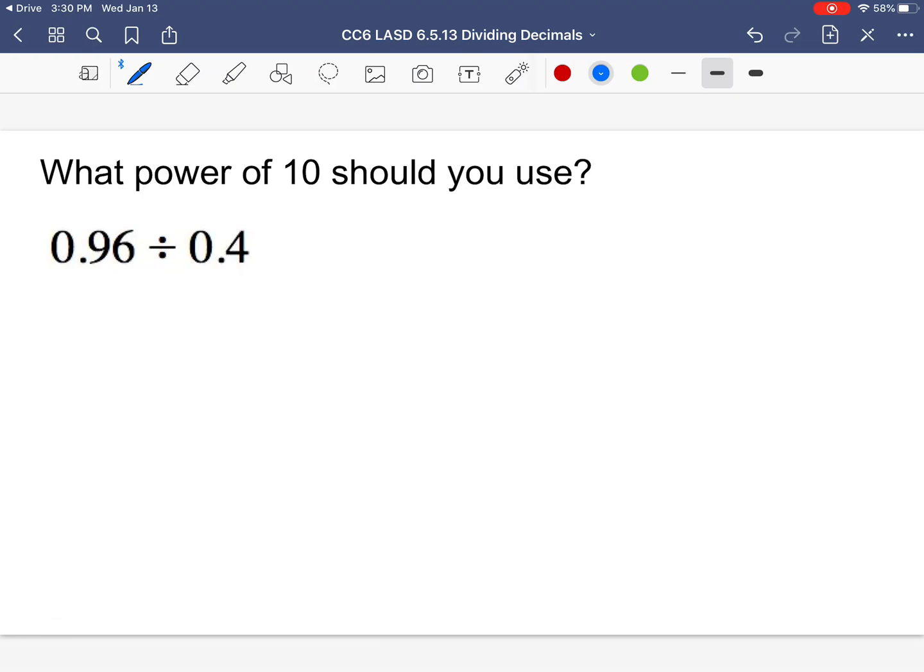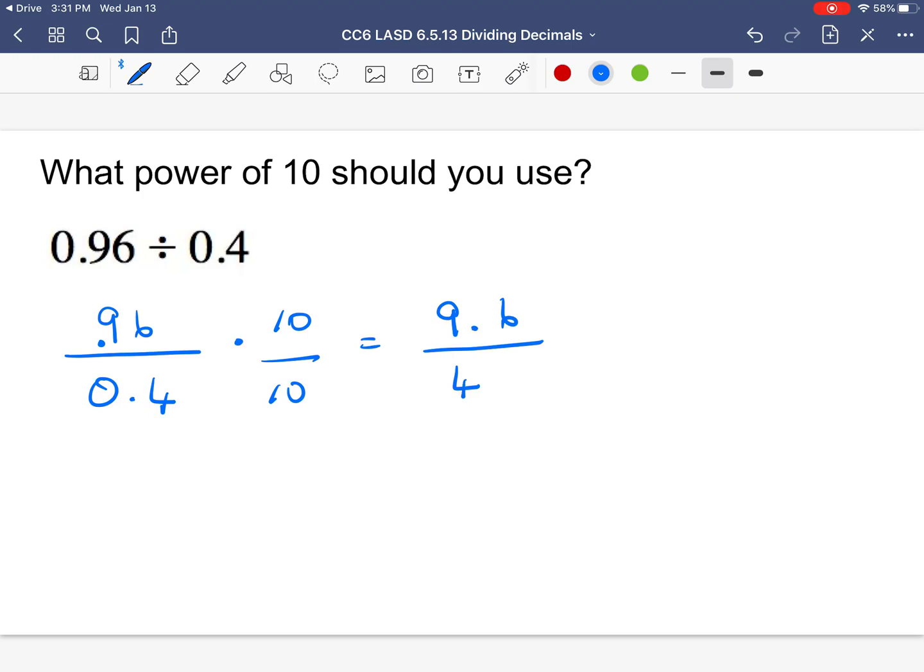So what power of 10 should you use? Here we have 0.96 divided by 0.4. Should I multiply both by 10 or by 100? Let's start off by multiplying by 10. And we get 9.6 divided by 4, because the decimal point will move one place to the right when we multiply by 10.